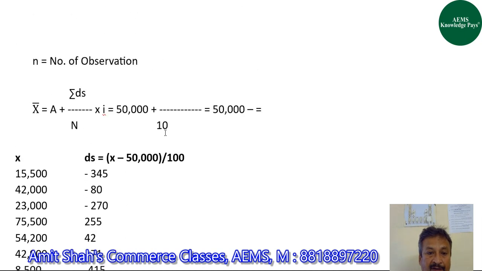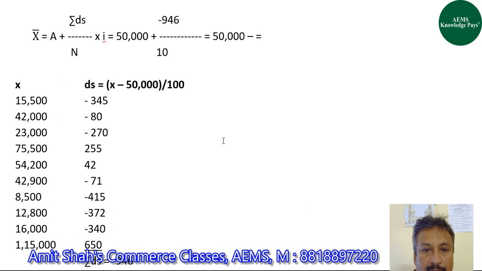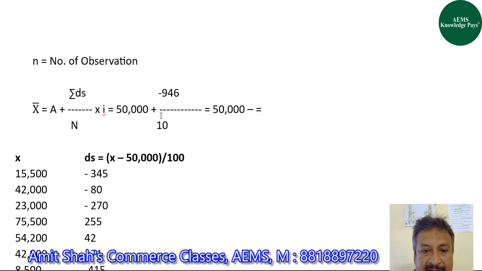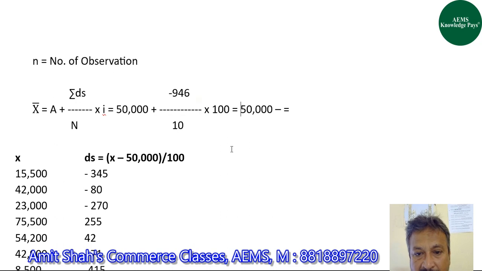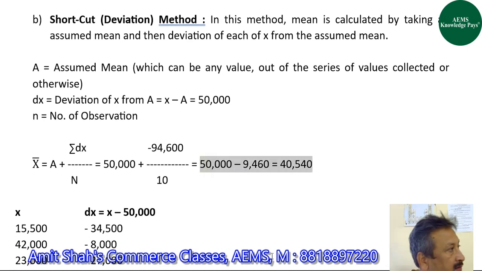So now by putting the value of this, A is the assumed mean and summation ds is minus 946. Divide by 10 into I, that is 100.